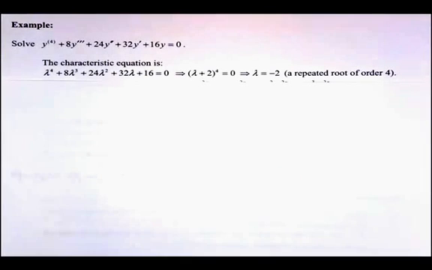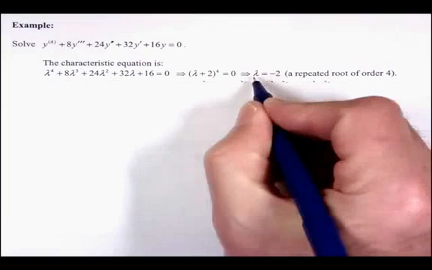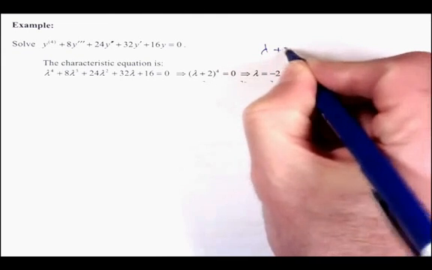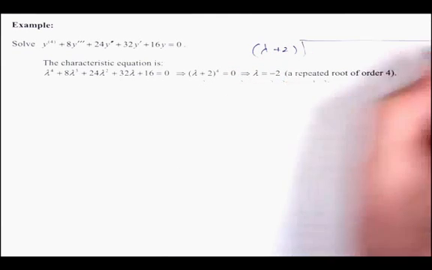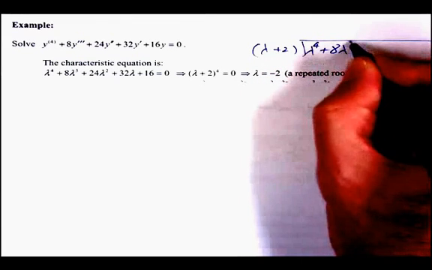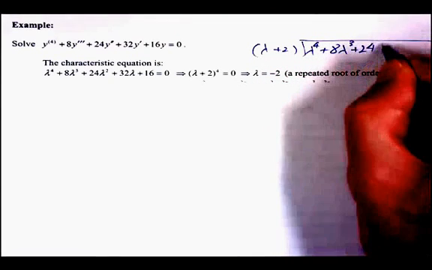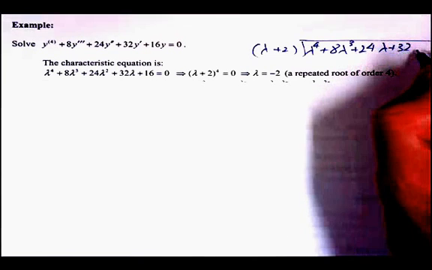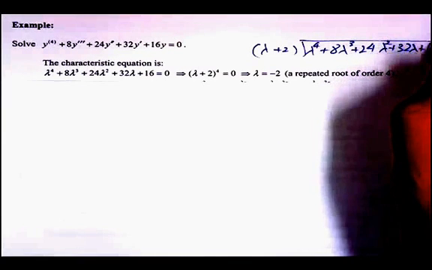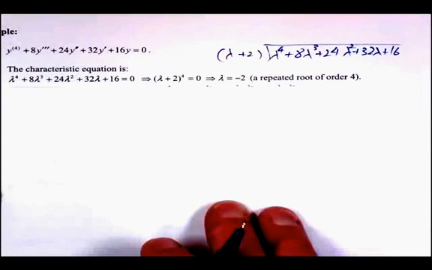So you would have done the polynomial long division. If lambda equals minus 2, then the factor is lambda minus minus 2, which is lambda plus 2, and that is what you would have divided into lambda to the 4th plus 8 lambda cubed plus 24 lambda plus 32 lambda plus 16, and found a cubic.